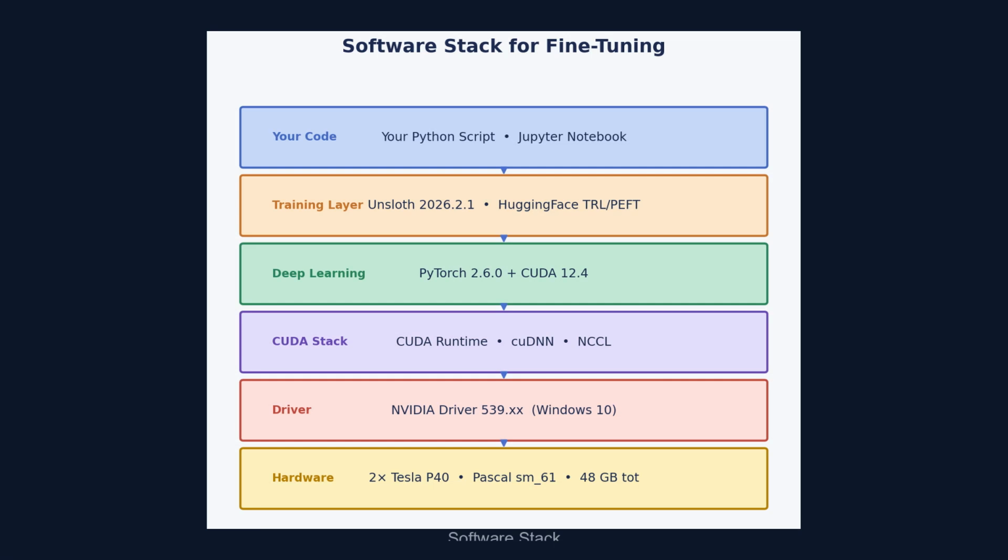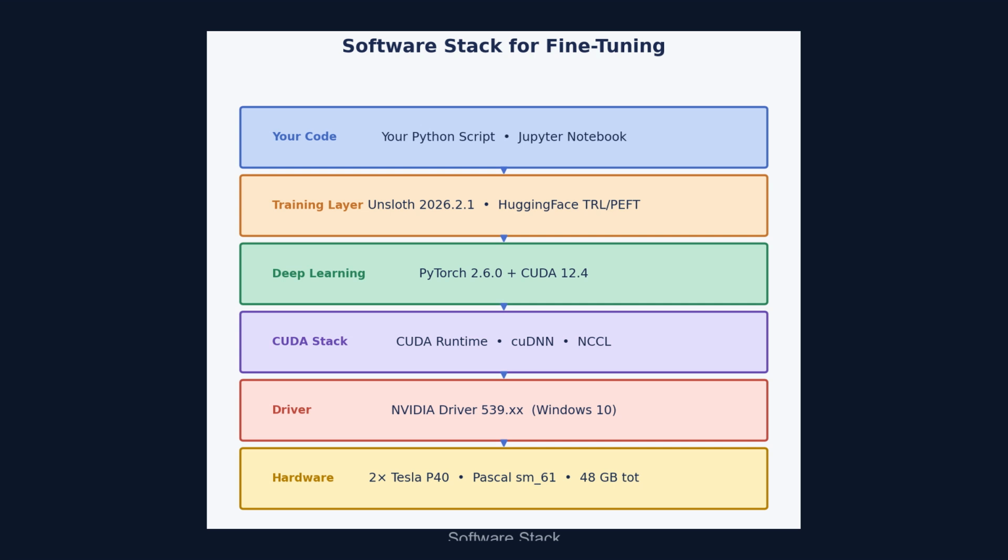This diagram shows the full software stack you're building on. At the top is your code, whether that's a Python script or a Jupyter notebook. Below that sits the training layer, Unsloth and the Hugging Face TRL and PEFT libraries. Under that is PyTorch 2.6.0, which handles tensor operations and automatic differentiation. PyTorch talks to the CUDA stack, the runtime, cuDNN for optimized neural network primitives, and NCCL for multi-GPU communication.